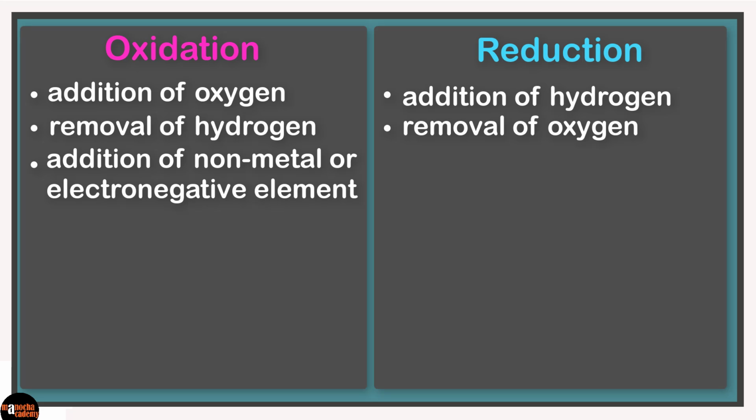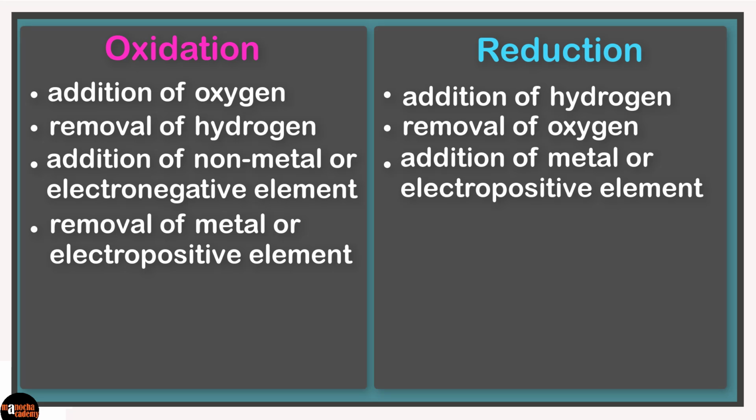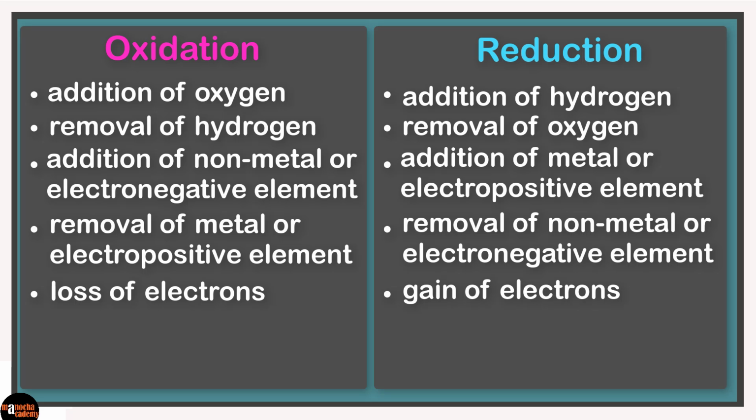Similarly, reduction can be addition of a metal or electropositive element. Now we can define oxidation as removal of a metal or electropositive element, and similarly reduction is removal of a non-metal or electronegative element. Oxidation can also be defined as loss of electrons and reduction is gain of electrons.